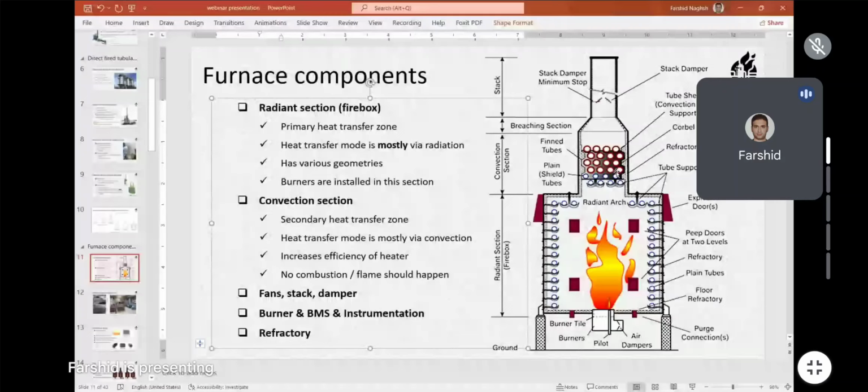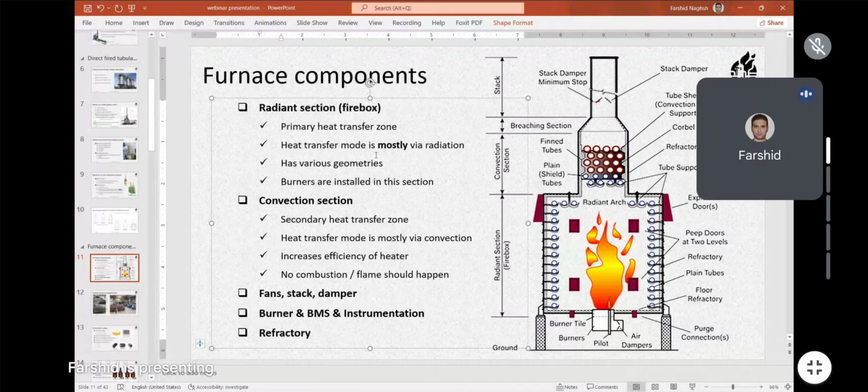And now, in the radiant section, most of the heat transfer is done by radiation. The name implies that the radiation mechanism is dominant here. And also the convection section implies that the convection mode is dominant in the convection section.